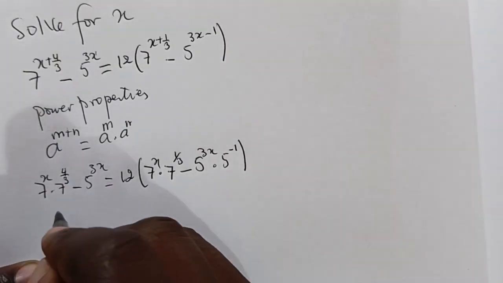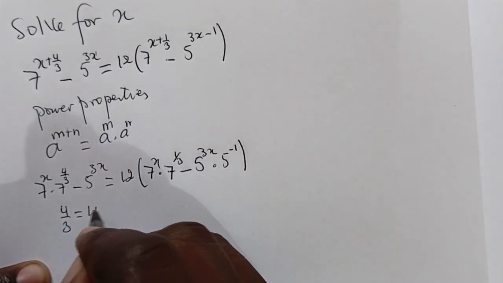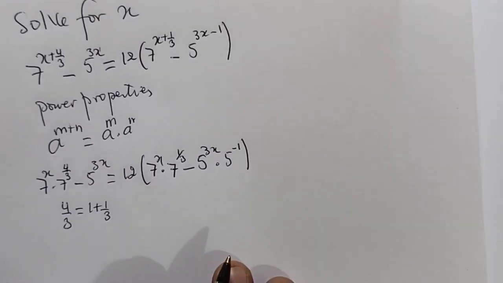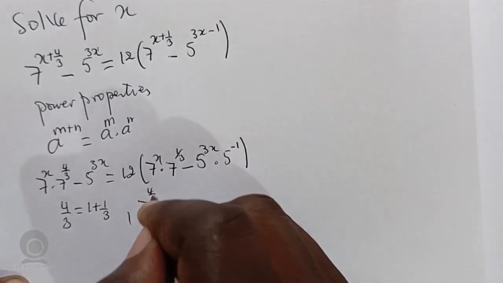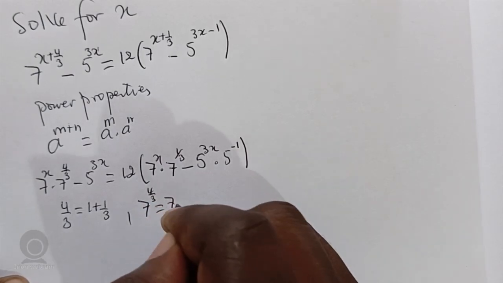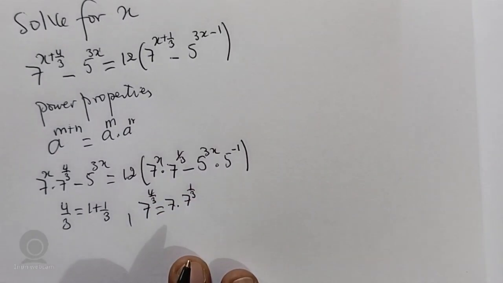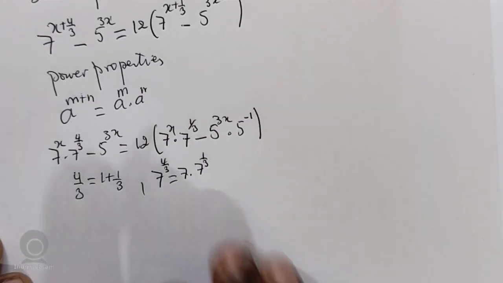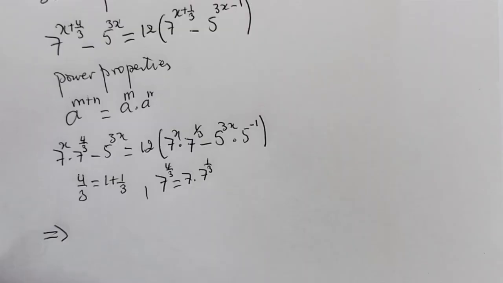We know well that 4 over 3 is equal to 1 plus 1 over 3. That's why 7 raised to 4 over 3 is equal to 7 times 7 to the power of 1 over 3. Okay? Now, what do we have here?